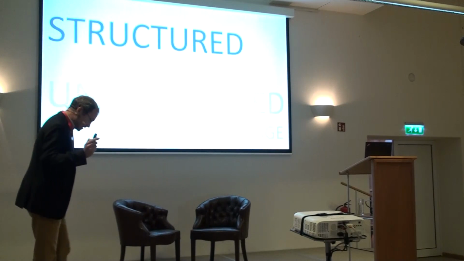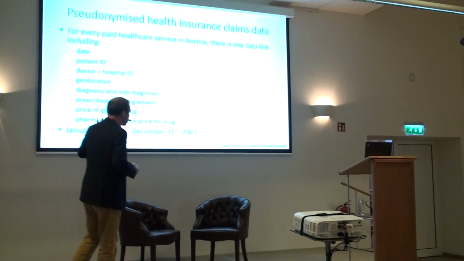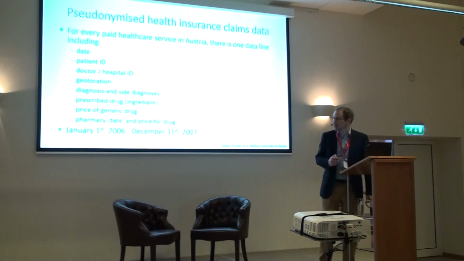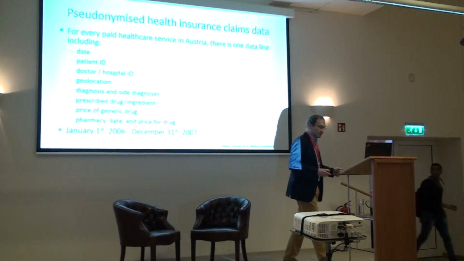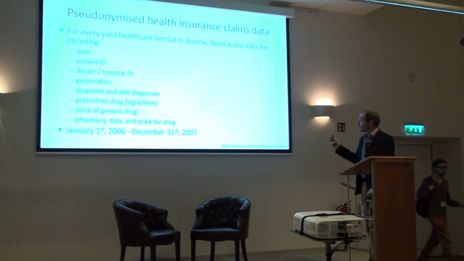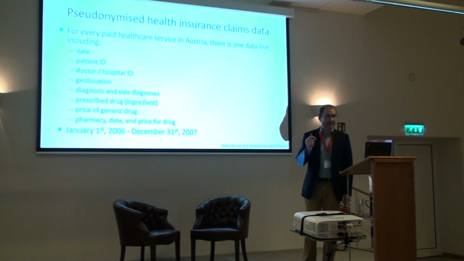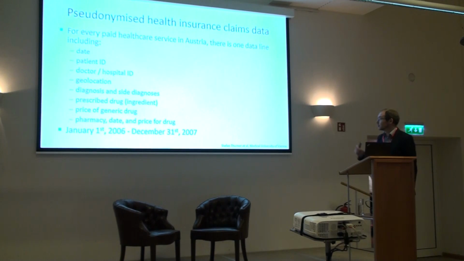So this is some work that was done by a colleague. He got hold of data from the Austrian Social Security. For 2 years, he basically got a comma-separated value file, where on every line there is information about every paid health service in Austria in those 2 years.